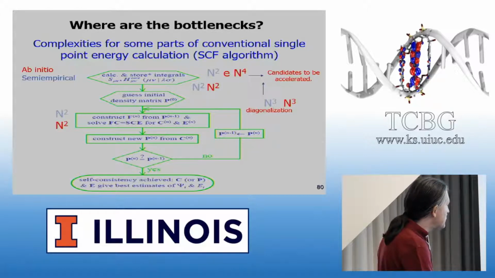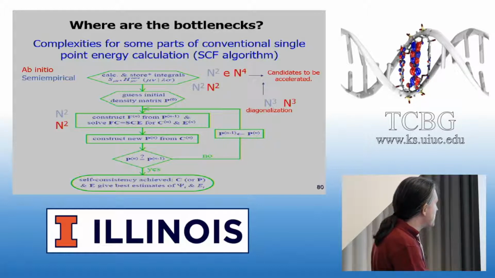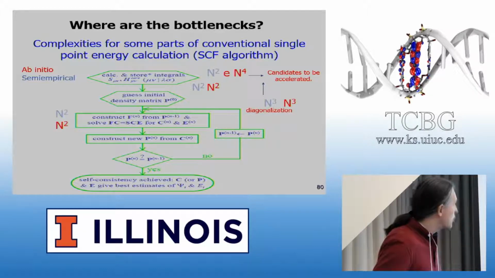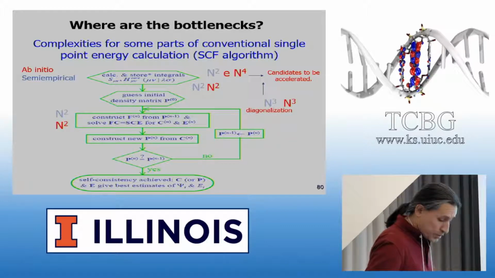That step of the semi-empirical methods is the step you need to consider as a candidate to be accelerated. And for the ab initio methods, that part is the most important to be accelerated.